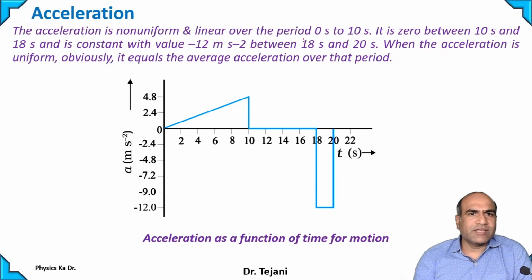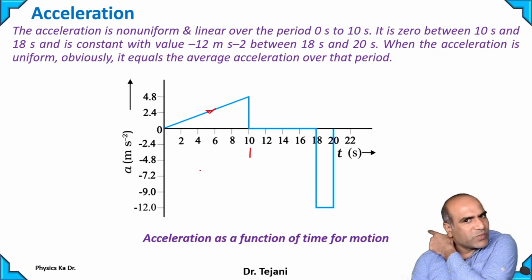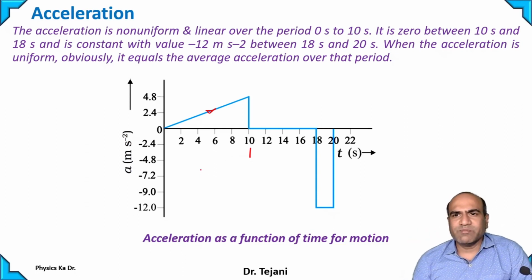Say for example, the data is given like that. It is linear from 0 to 10 seconds, so it is either increasing or decreasing. Acceleration is positive, so it is increasing with a straight line up to 10 seconds. That means velocity is also increasing. The logic is very simple: the object's velocity increases.